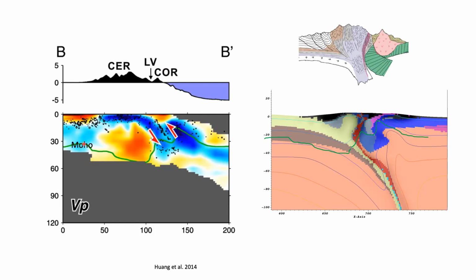And we can take this Moho and compare with our model, and we see the deepening of the Moho, and then a sudden jump in the Moho. Actually, we think we are not seeing the Moho here. Moho is deeper. We are seeing the interface between the subducted sediment and the forearc crust, and then further to the right.